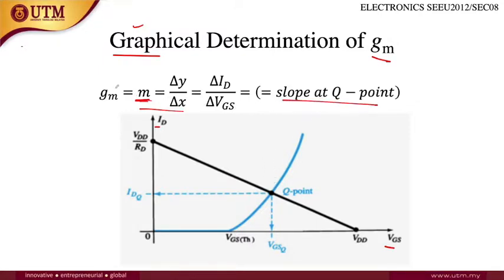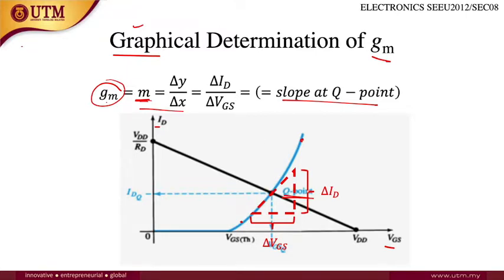Usually we calculate GM at the Q point, because the Q point is the optimum operating point for the device. Note that GM at this point and GM at that point are different from GM at this point. So it is best to always choose the value of GM at the Q point. It can be calculated using this formula.